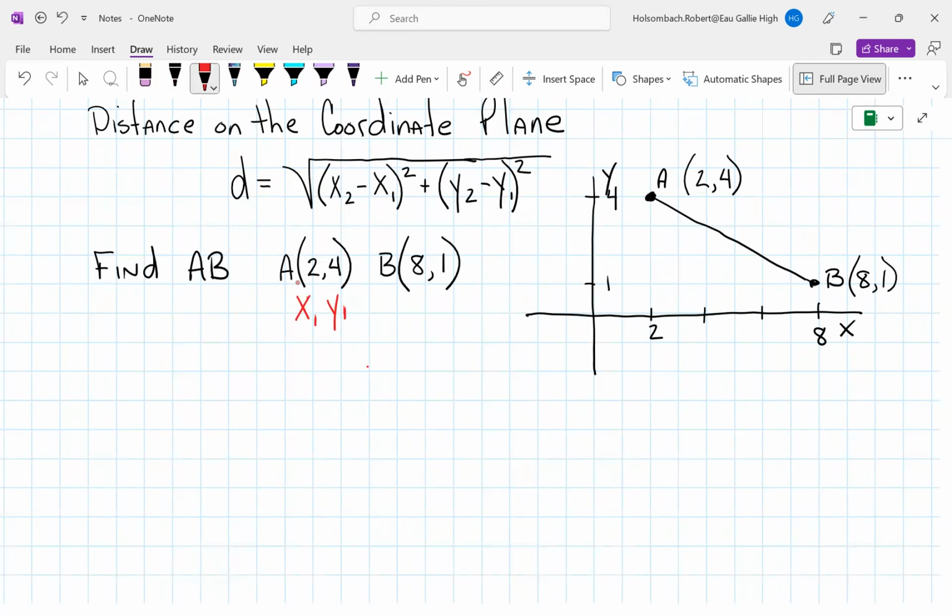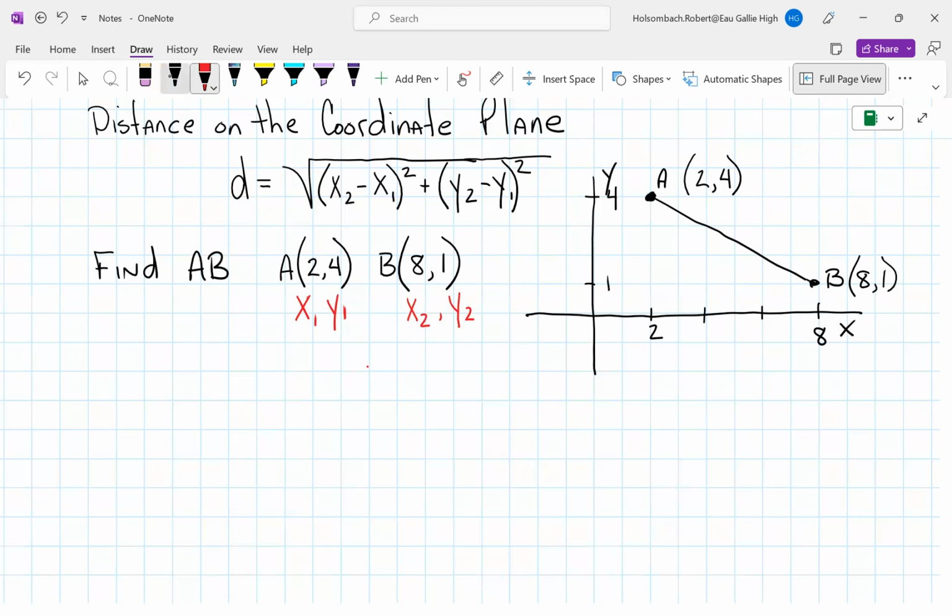And then label the coordinates at point B. You've got another X and Y, but this is your X sub 2 and your Y sub 2. Now you have values that represent the variables in your formula. So you just substitute.